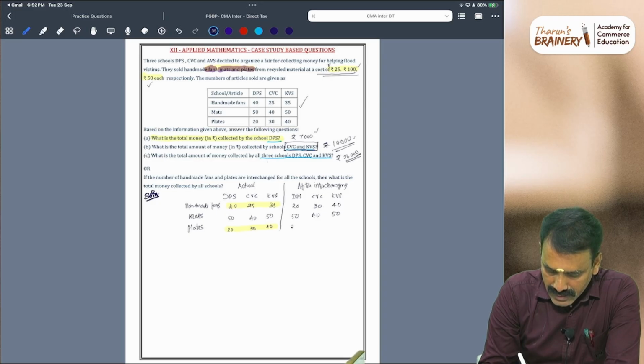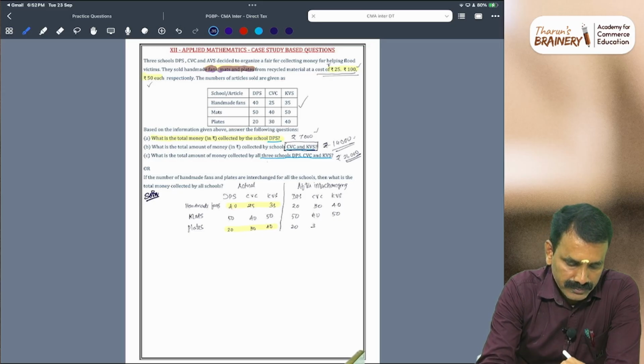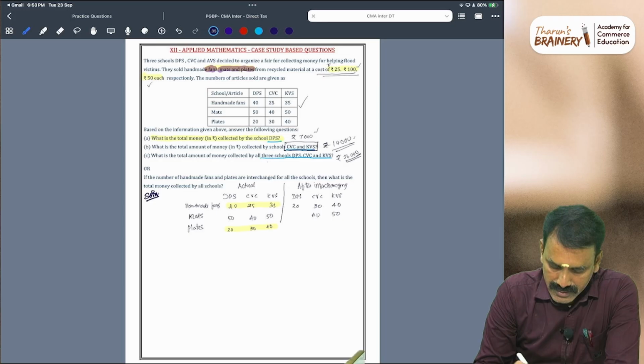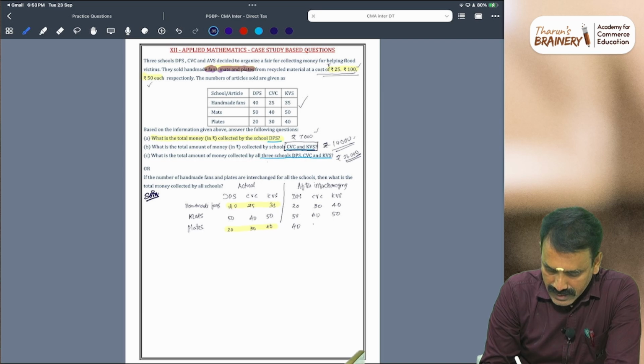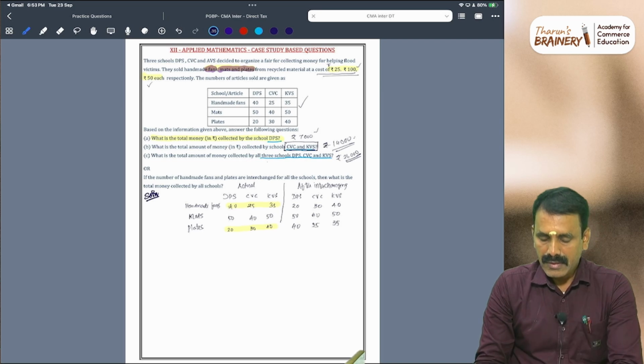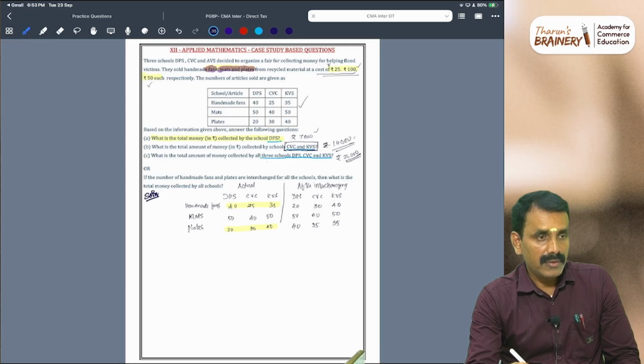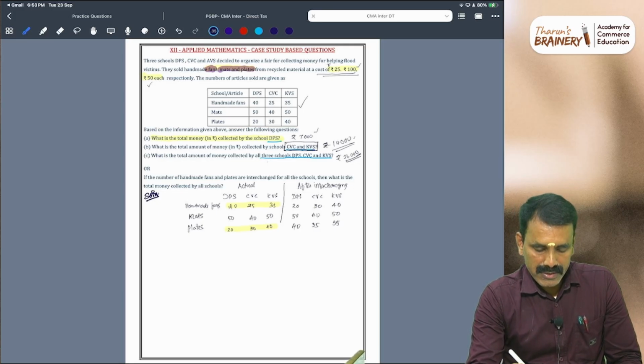Sorry, we are interchanging, correct? The first row is written as the third row, 40, 25, 35. So now we interchange the number of units sold in plates with handmade fans.